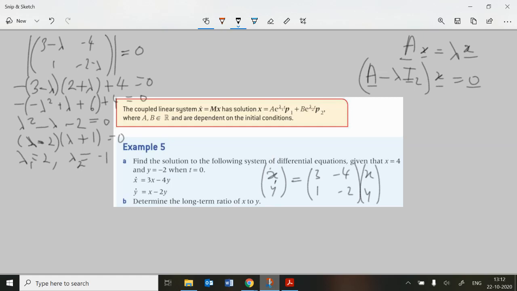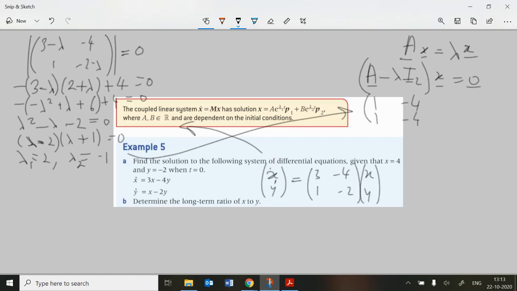We now need the eigenvectors. The eigenvectors are essentially putting this back into this matrix here, and then applying it to x to get 0. So when we put 2 in, we get the matrix 1 from here, and then minus 4, 1, and then again minus 4 when we put 2 in there.